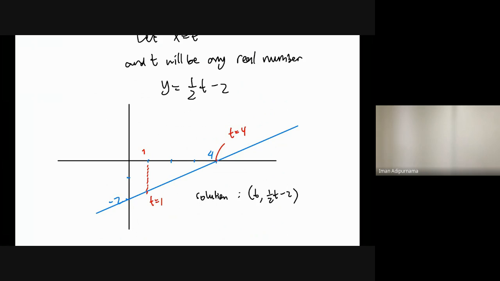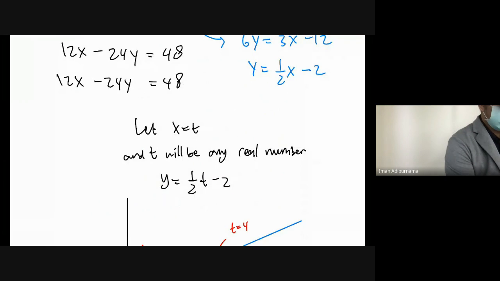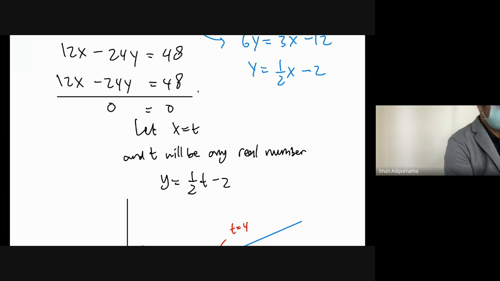So you can have all solutions that are on the line, right? Okay. So three cases might happen in a linear system: one solution, no solutions, and infinitely many solutions.